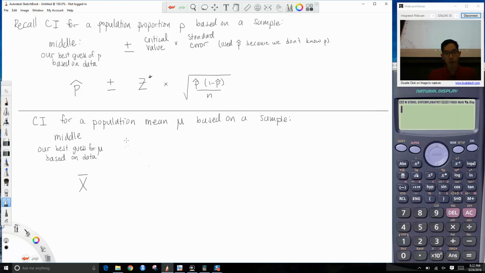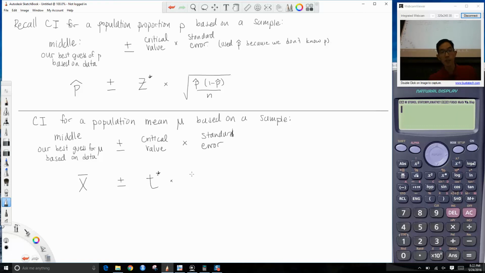Then we will go plus or minus a critical value times a standard error. The difference here is that because we're dealing with means, our critical value is going to come from our t-table. So we're going to call this t star. It comes from our t-table rather than z.